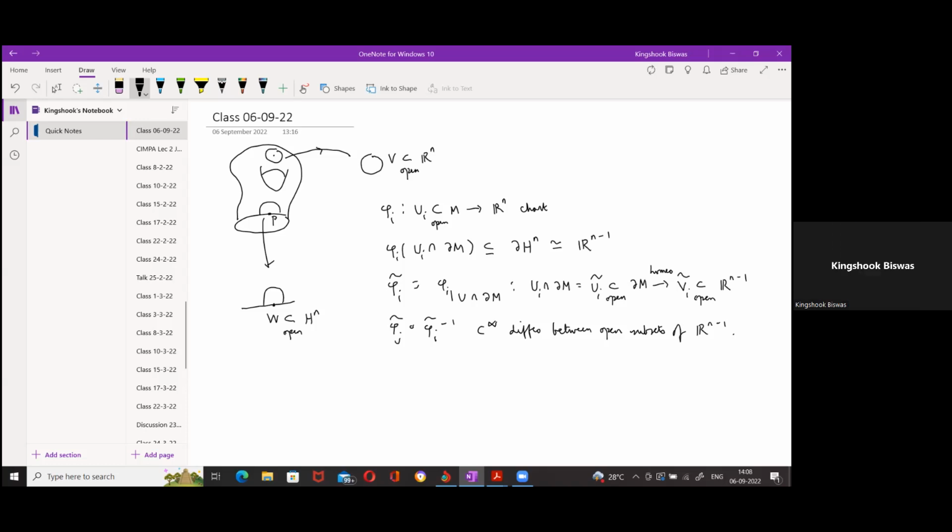Okay, so what does that mean? That means that del M together with these Ui tildes and phi I tildes, this is an n minus 1 manifold, right? Okay, because we have smooth charts on this mapping into Rn minus 1.